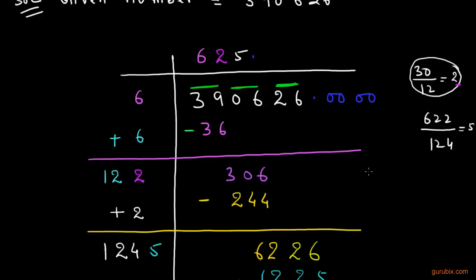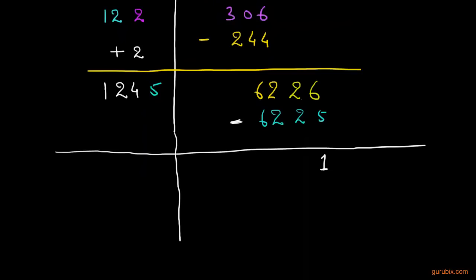Because we have to find the square root up to 2 decimal places, we shall add 2 pairs of zeros to the right of the decimal point. These 2 pairs of zeros are the next periods. So we continue our method of finding the square root. Now we bring down the next period, 00.